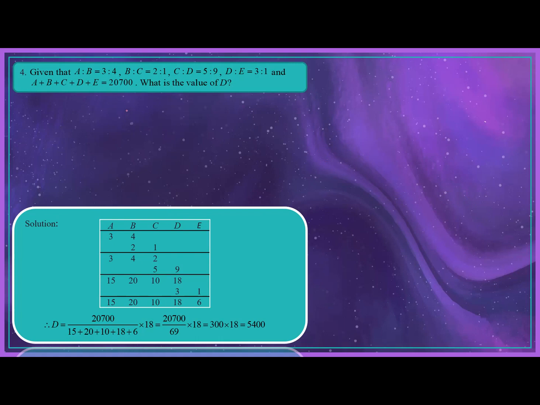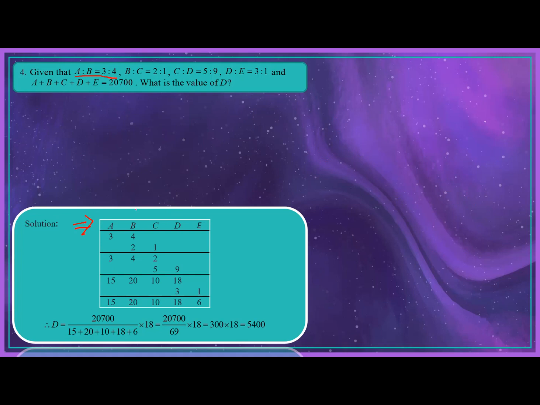Okay, so now first you do is write the variables here at the top. Okay, A, B, C, D, E, and put in the ratios of each equation.